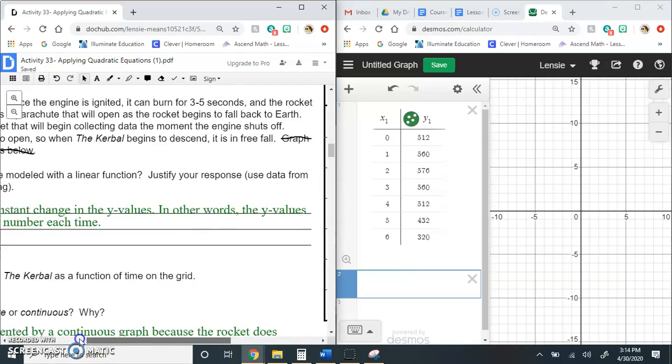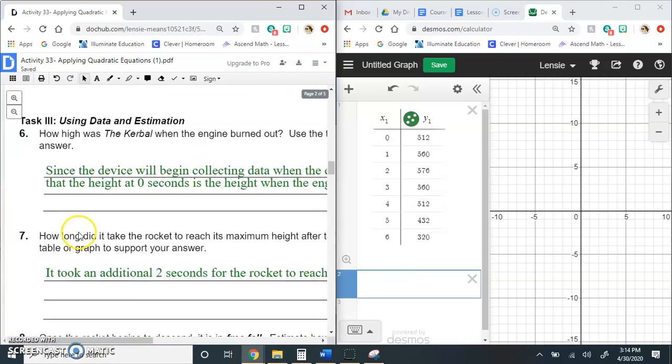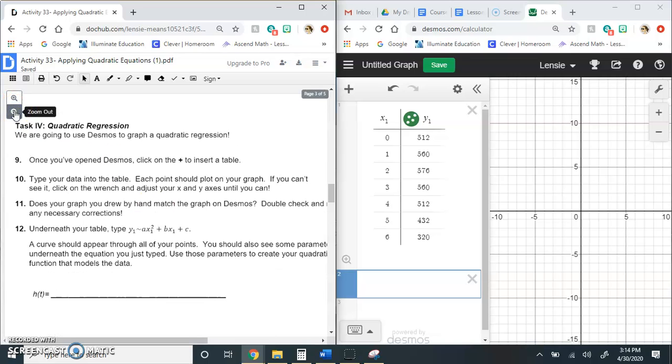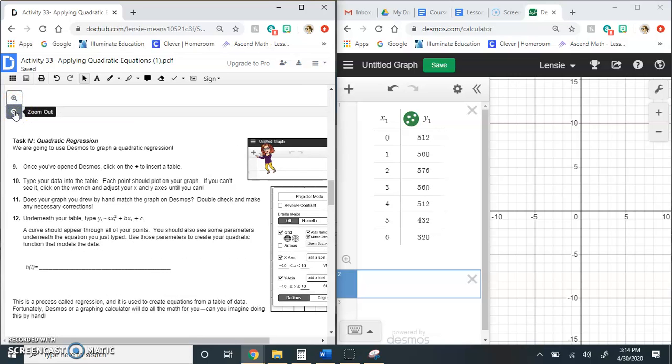And then, following these directions here, it says we should be able to see our points graph, and if not, we can adjust our values. So I'm going from 0 to 6 approximately on my X, and I need to go up to like 580-ish on my Y.